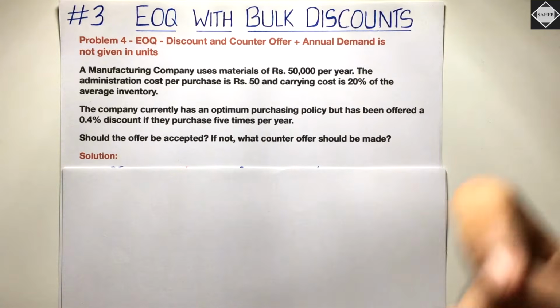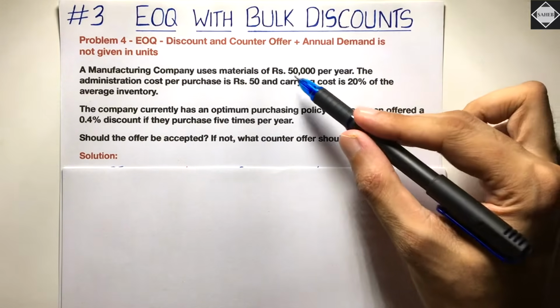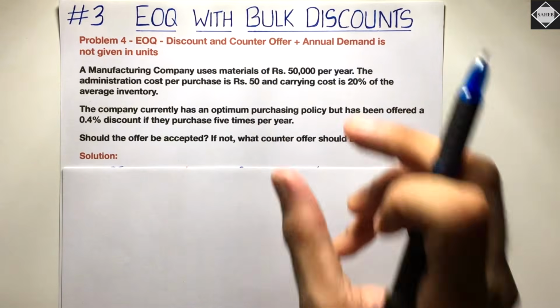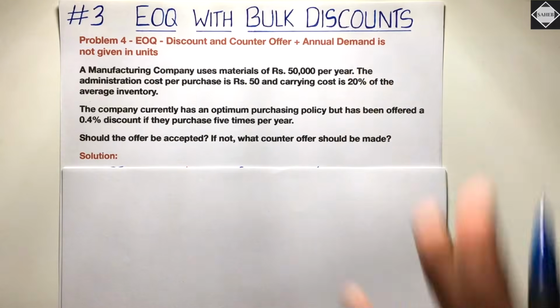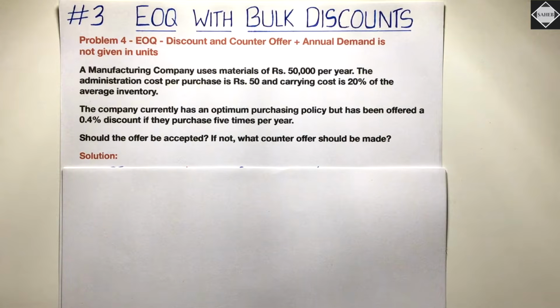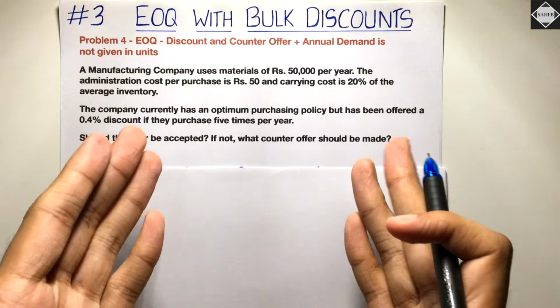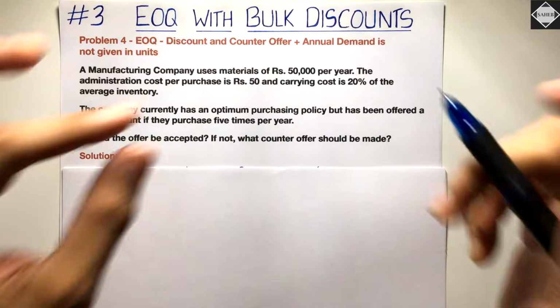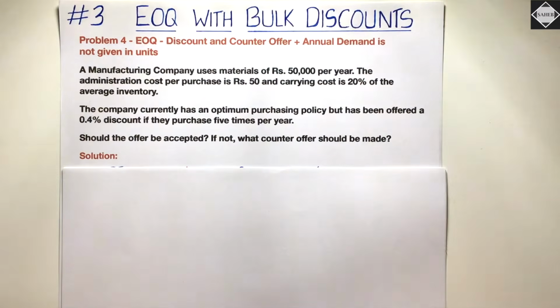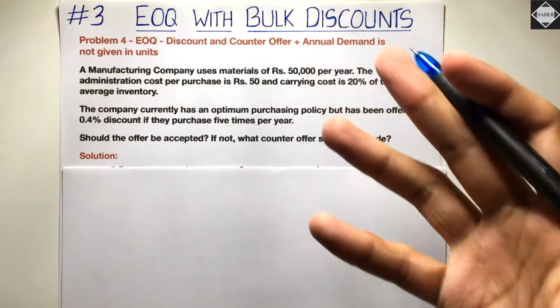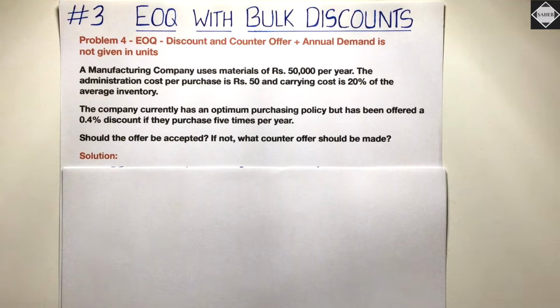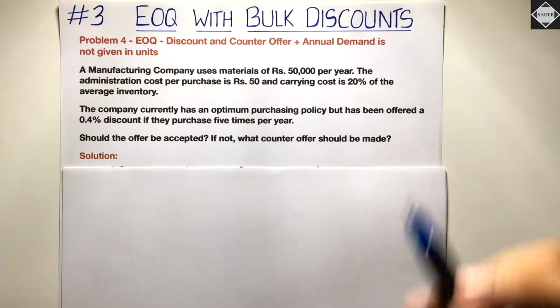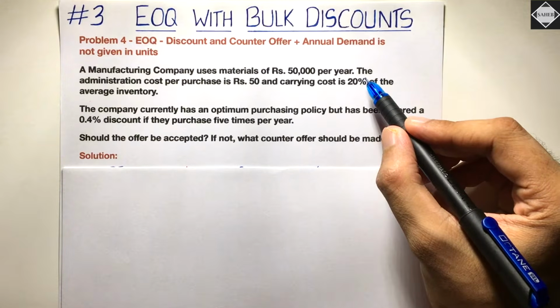If they had given you the purchase price per unit, then you could have taken this 50,000 divided by the purchase price per unit, and you would have got the number of units. Then the question would have become much easier. But right now, just the purchase cost as a total is given. 50,000 rupees is our annual demand. That's the main problem in this question. Fine, don't worry, we'll see that.